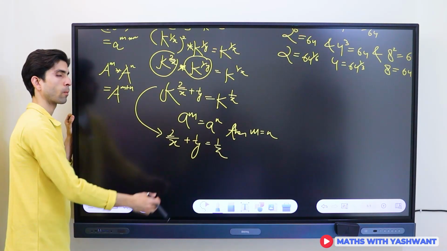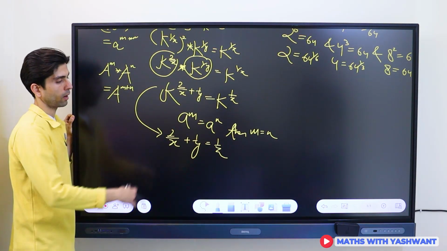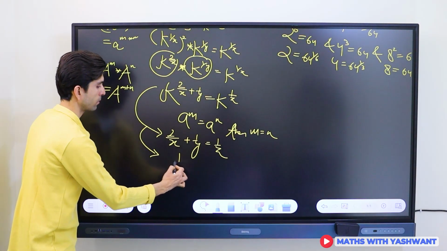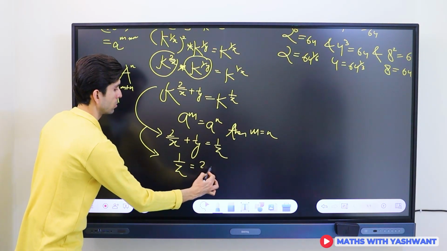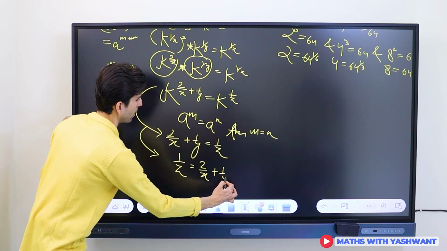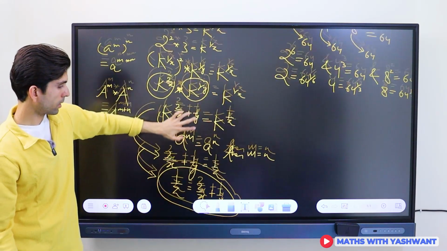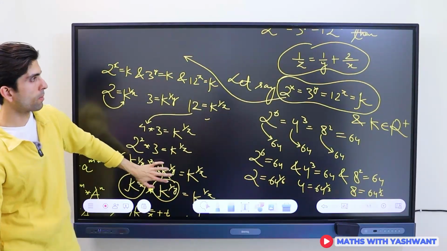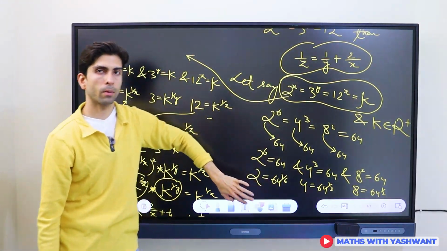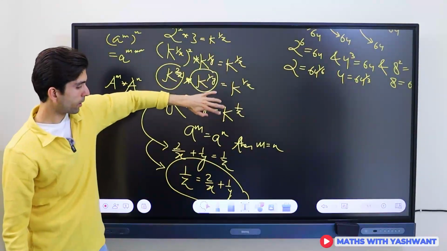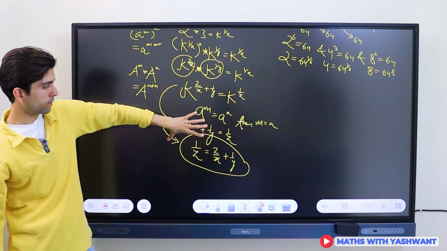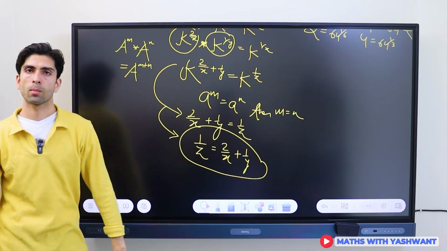So this is what we're supposed to prove. It doesn't matter, we can shift the sides: 2/x + 1/y. We can check it, this is what we're supposed to prove: 1/z is equal to 1/y + 2/x. And we have finally done here: 1/z is equal to 2/x + 1/y.